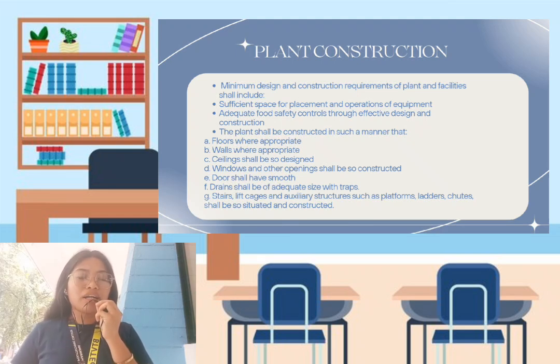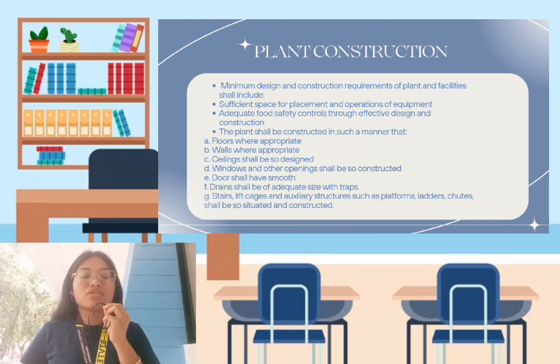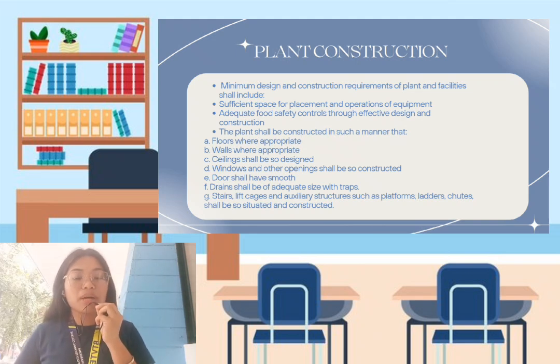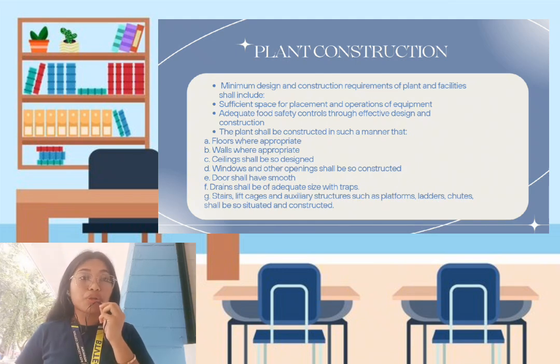So kailangan included dito yung floors, yung walls ay waterproof, easy to clean at easy to disinfect. Ceilings and windows dapat free from dirt and condensation. Yung door ay kailangan smooth ang surface para madali lang din linisin and disinfect. Also yung stairs, lift bridges ay kailangan made na hindi magkukulong ng dirt at madali lang din linisin.